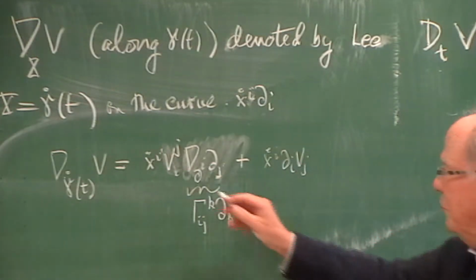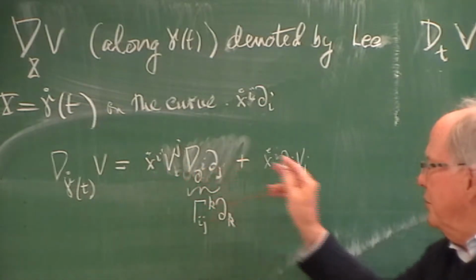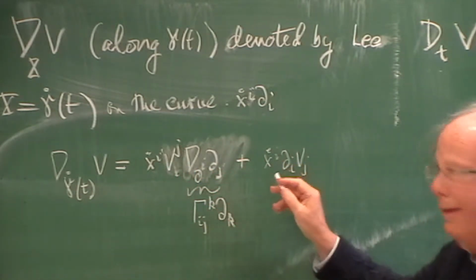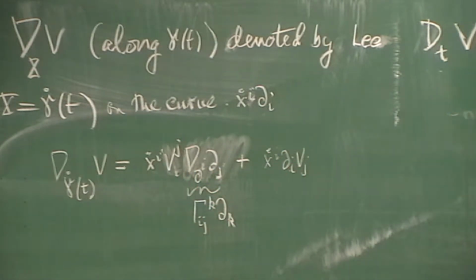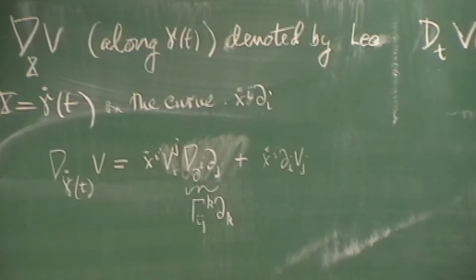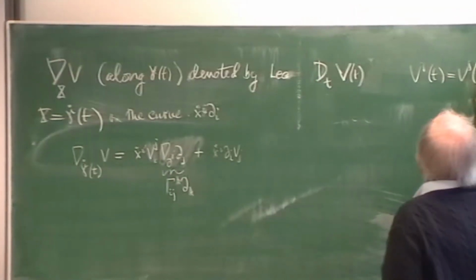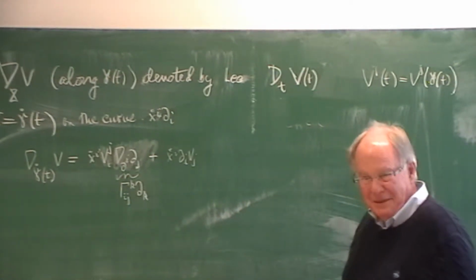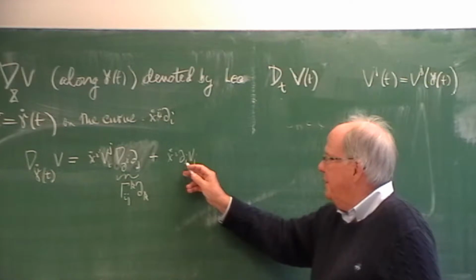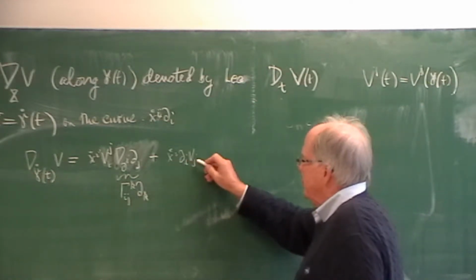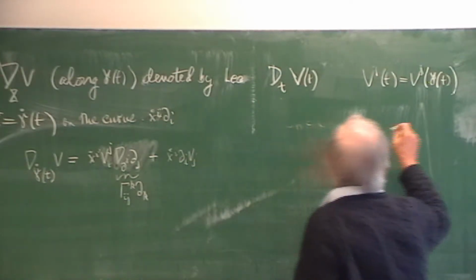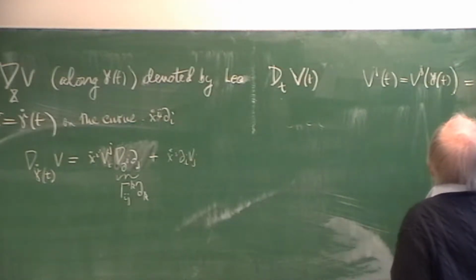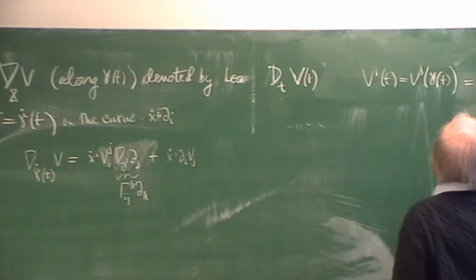That's what I have to do when I'm differentiating with this thing. Now look at that. V^j of t really means V^j at the point gamma of t. That's what it means. And when you differentiate it, this is V^j of x^1 of t to x^n of t.